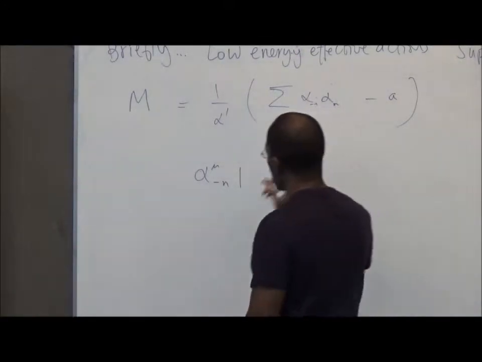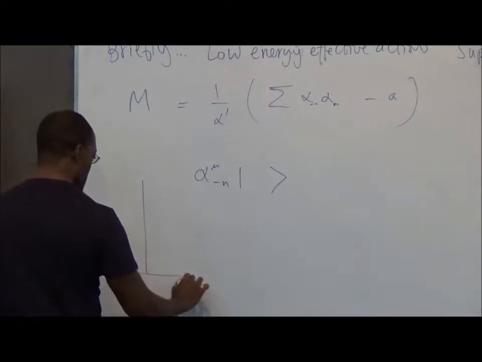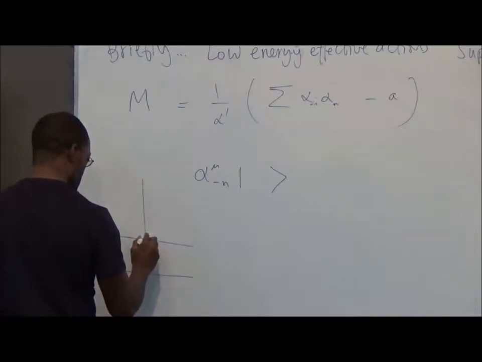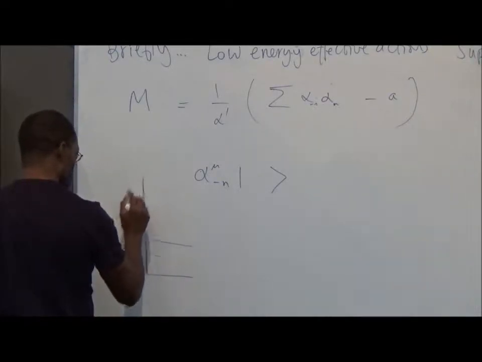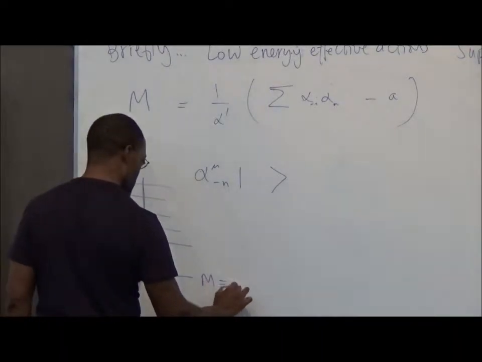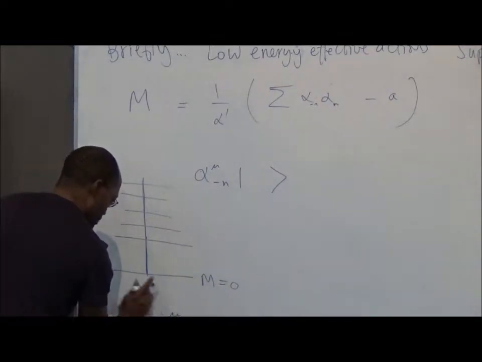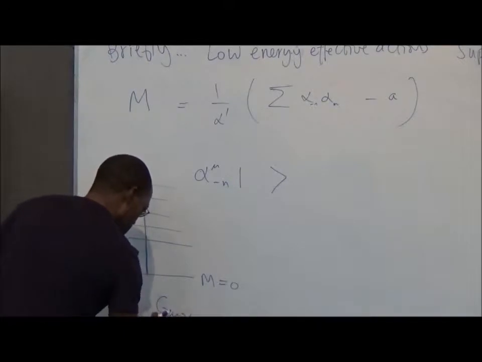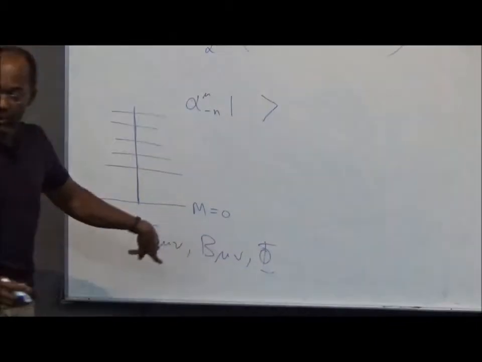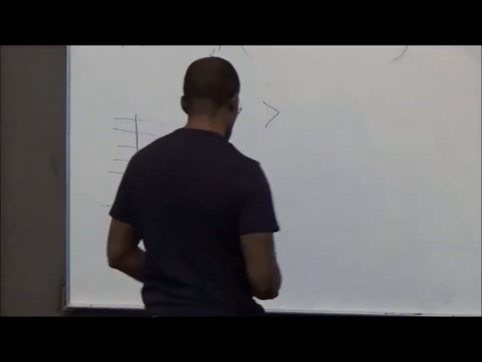But the point is that there's a very nice feature of this spectrum that allows us to organize things rather nicely, and it's the fact that I have the massless sector here, the massless state G mu nu, so the graviton, for example, and of course the various Ramond sector states we talked about as well.